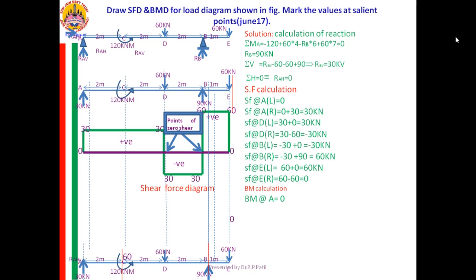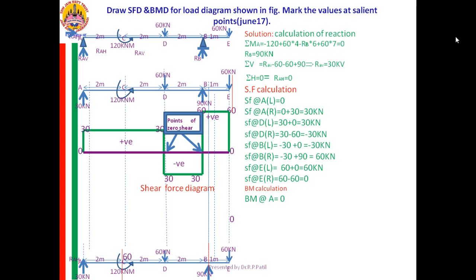Remember, in drawing the BMD, most dangerous force is the couple. It will always rotate you in the exam. As far as possible you be away from it. If unavoidable, we need to face it.